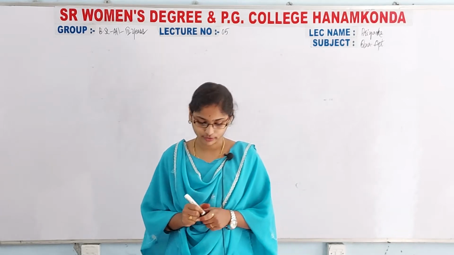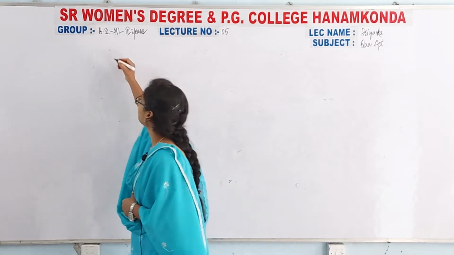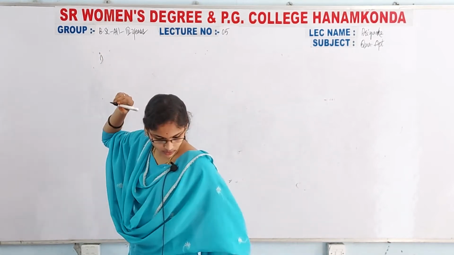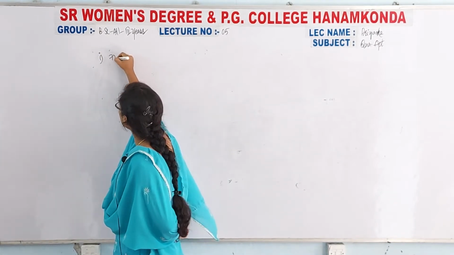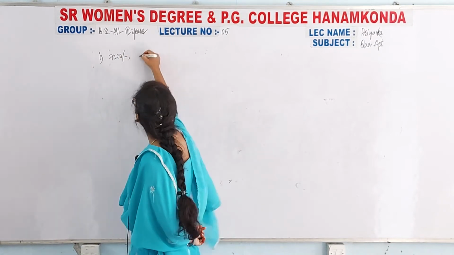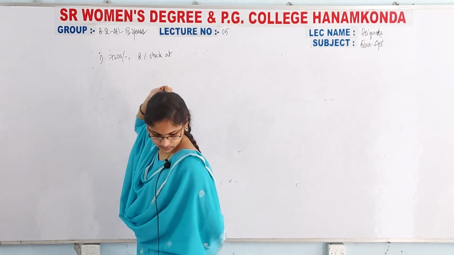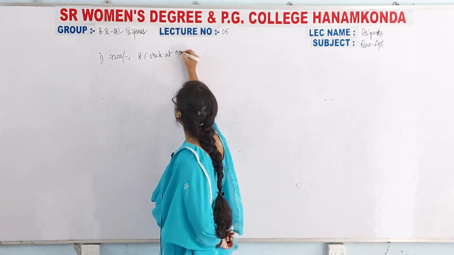Find the cost of: first problem, 7,200 rupees, 8% stock at 90.